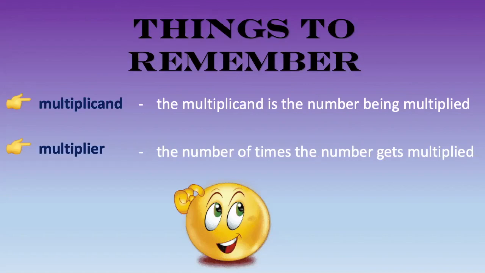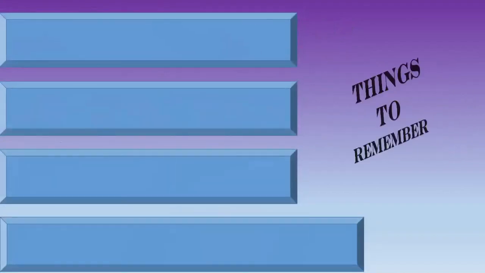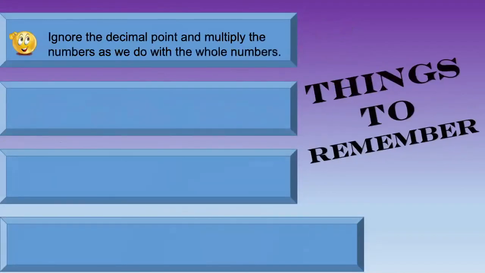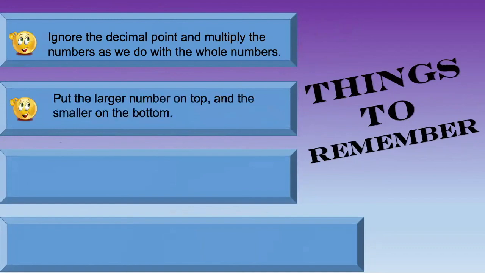Let's look at a few more important things to remember. Remember to ignore the decimal points and multiply the numbers as we do with whole numbers. Remember to put the larger number on top and the smaller number on the bottom.